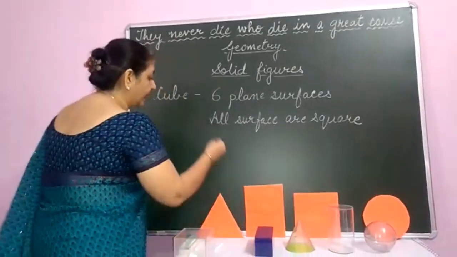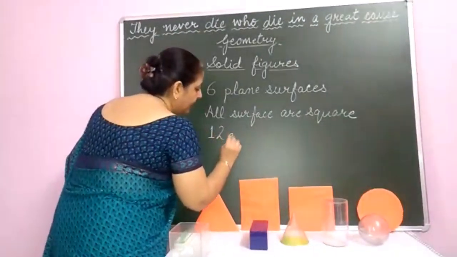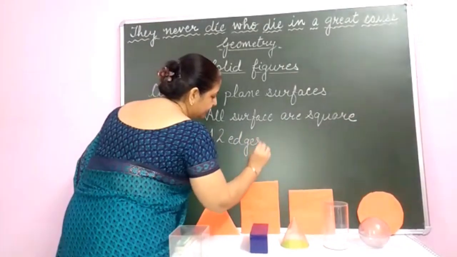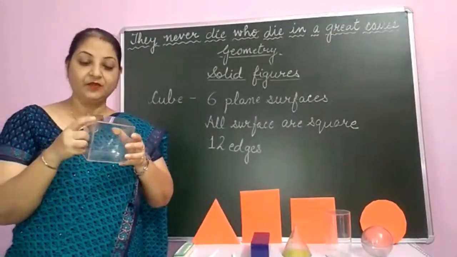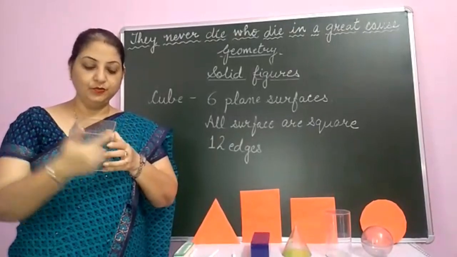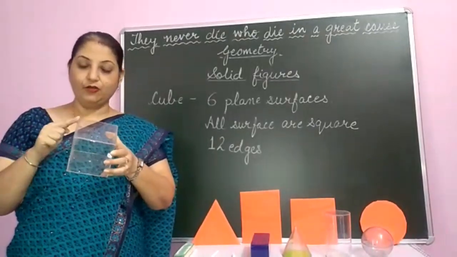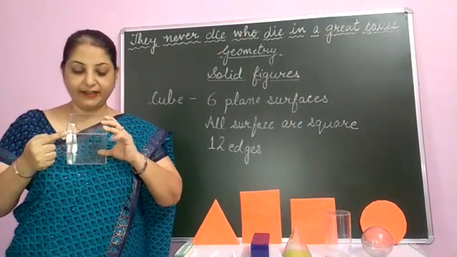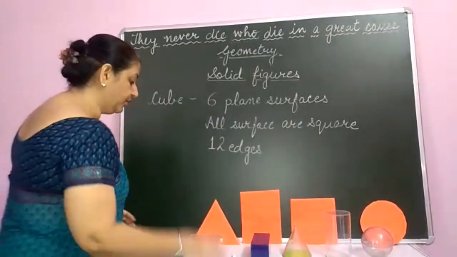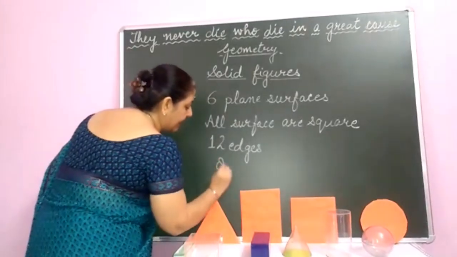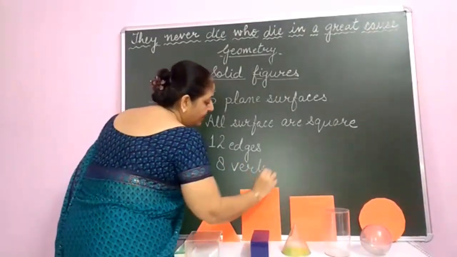So, a cube has 12 edges. Now, let us count its vertices. 1, 2, 3, 4. At the bottom side, 5, 6, 7, 8. So, a cube has 8 vertices.